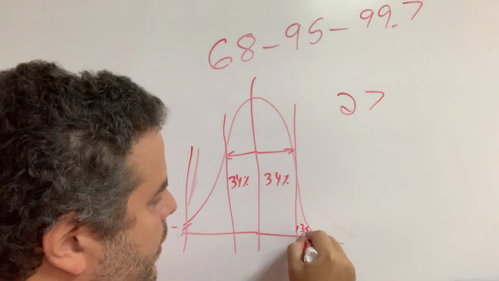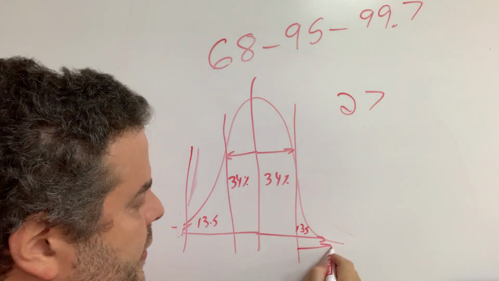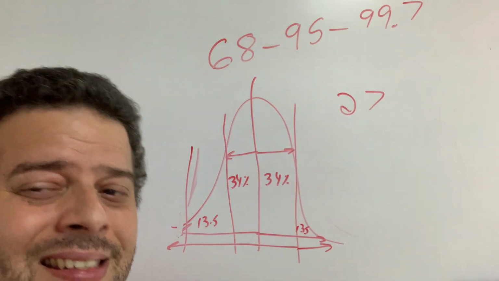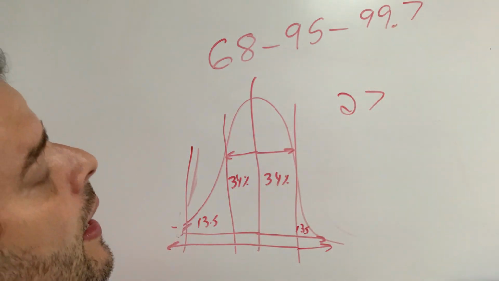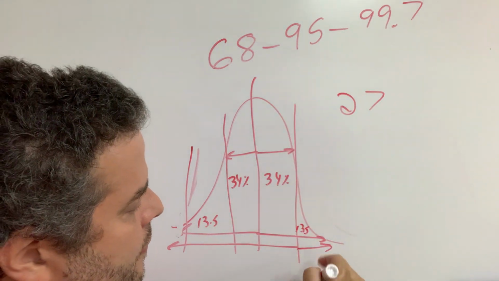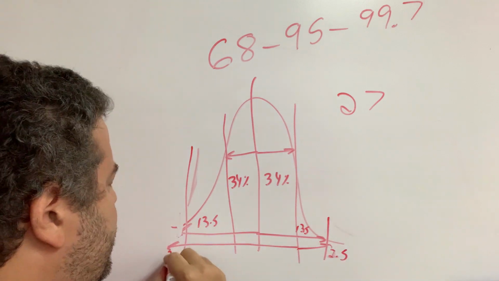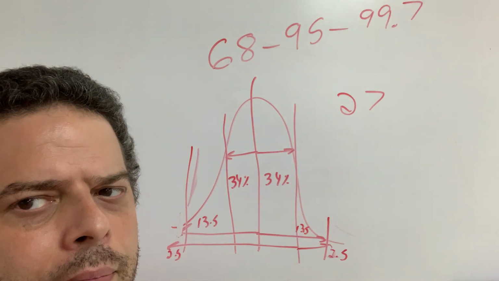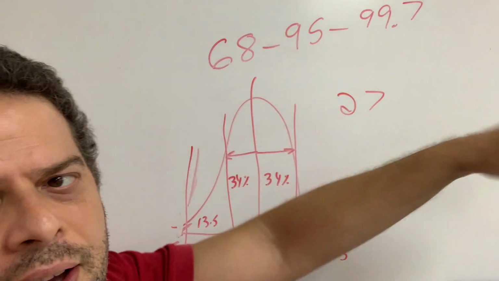Okay, 13.5, 13.5. Then, within 3 standard deviations, I have a total of 99.7% of all measurements. That leaves 2.5 here and 2.5 here, more or less. It's a little different, but you can just average it out to 2.5 after the 95.